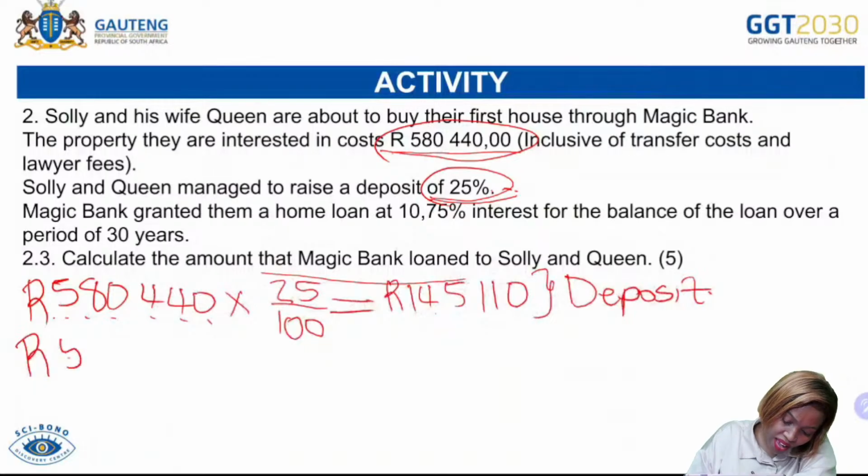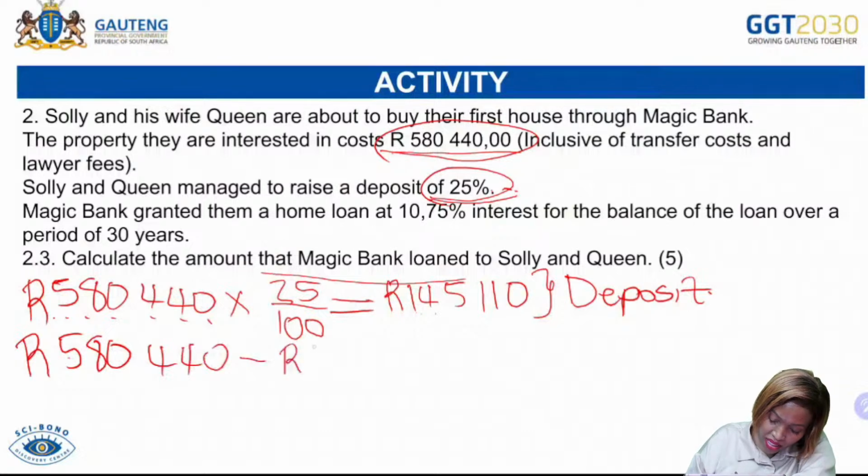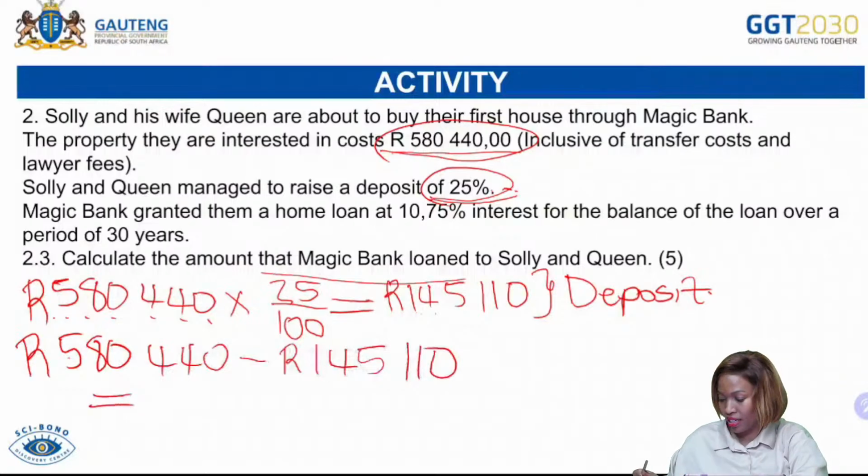They borrowed 580,440 minus 145,110. Let us punch this in our calculators: 580,440 minus the 145,110 deposit.